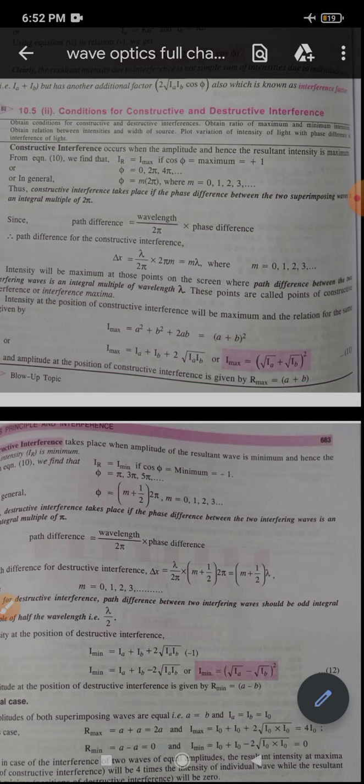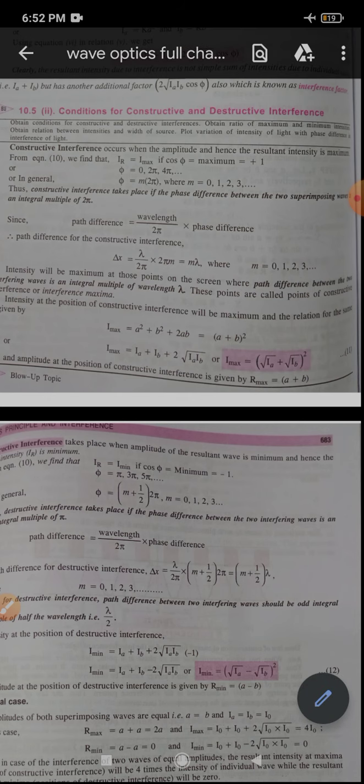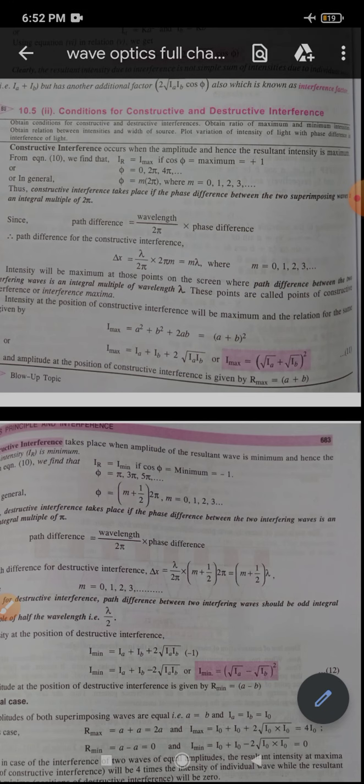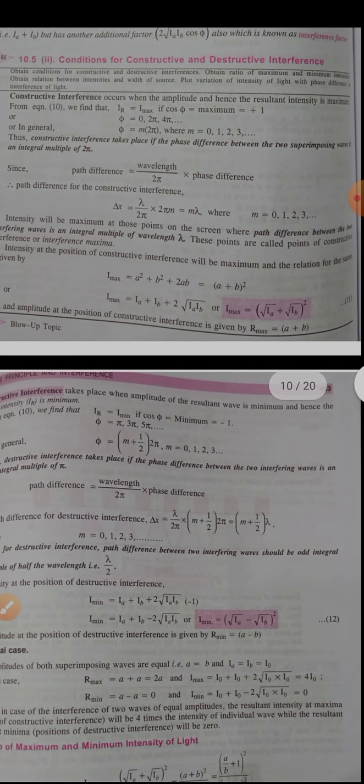Constructive interference takes place if the phase difference between two superimposing waves is an integral multiple of 2 pi, that is, phi equals 2 pi m. Path difference is equal to wavelength divided by 2 pi into phase difference.